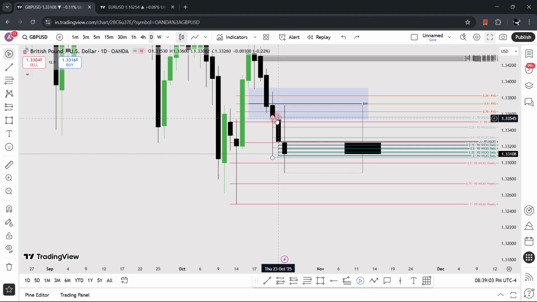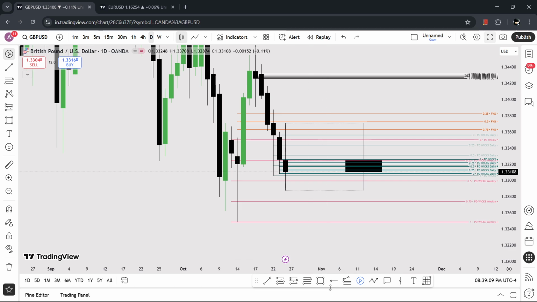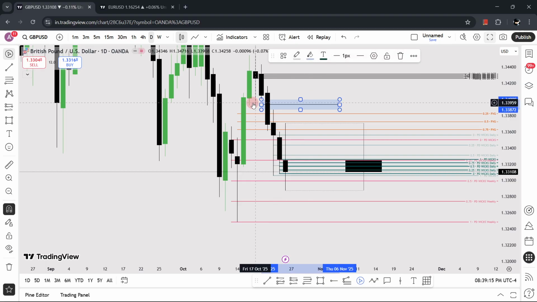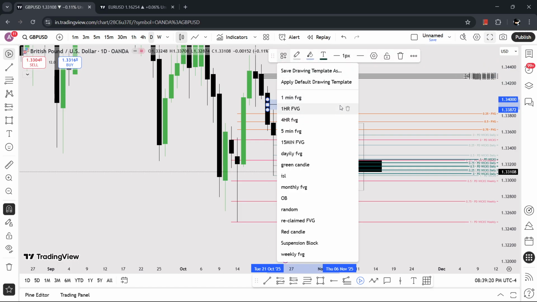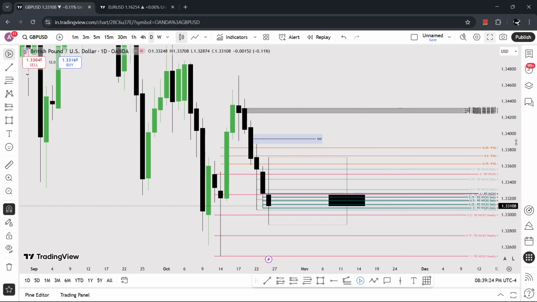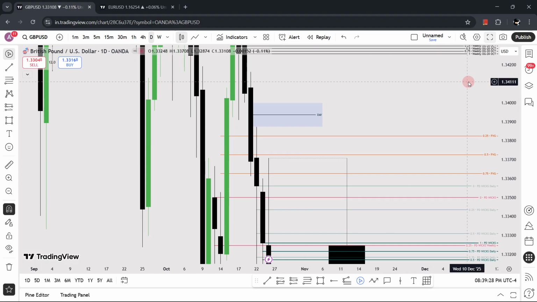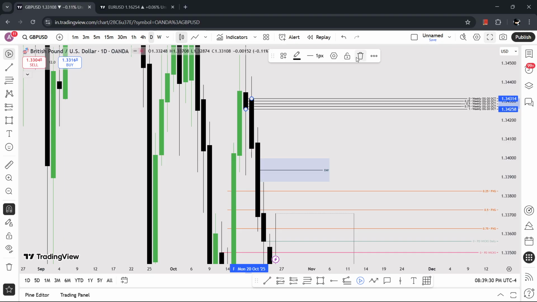Now we already have this daily fair value gap that we can make use of. What is this? That's a weekly open gap, right? I don't think that is necessary.